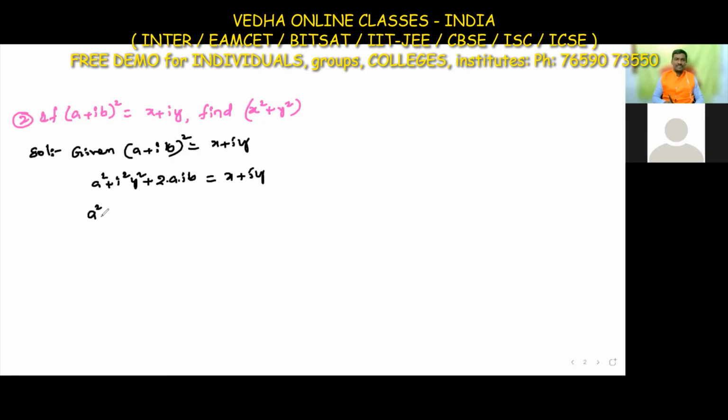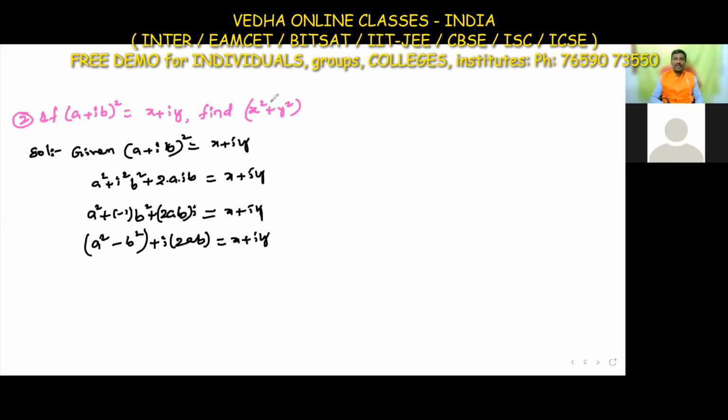Here i square value is minus 1, so a square minus b square is the real part, plus i into 2ab, equals x plus iy.